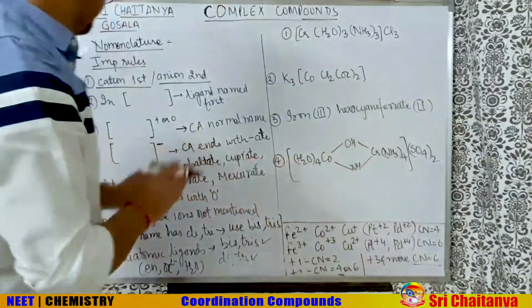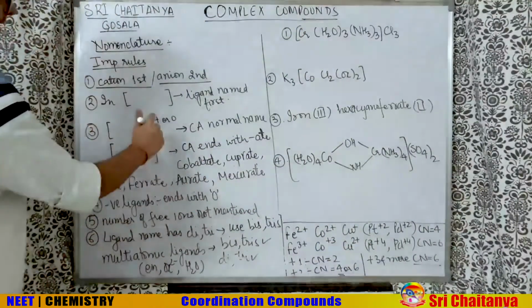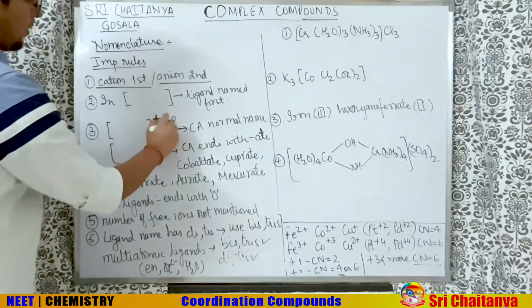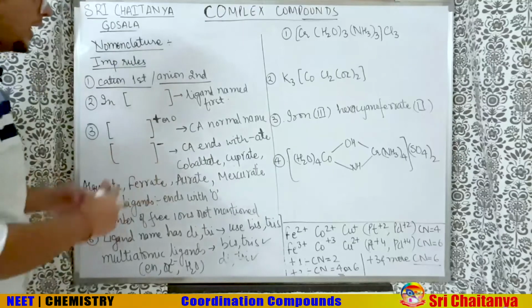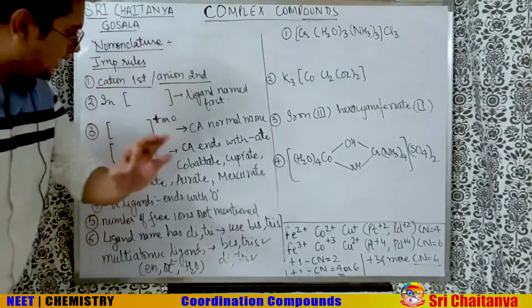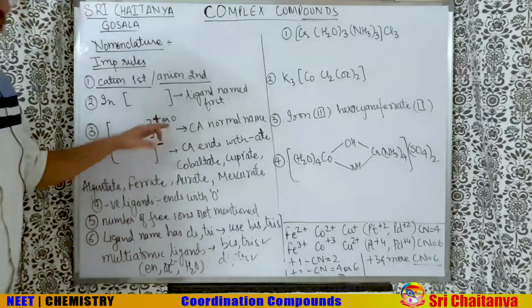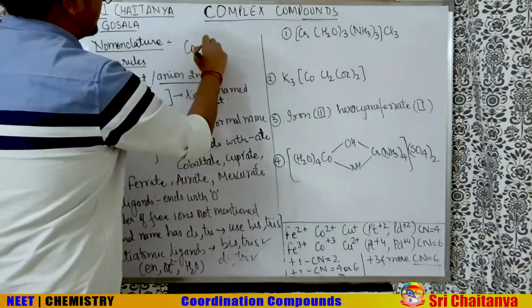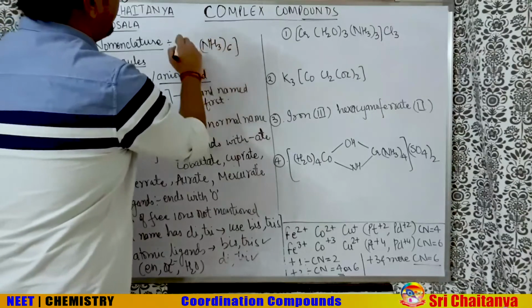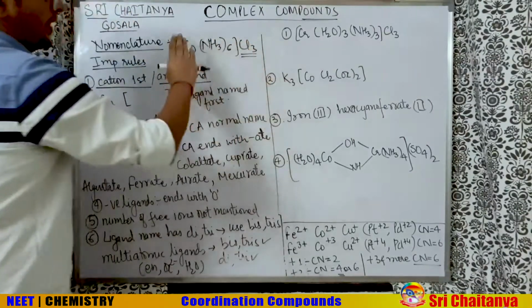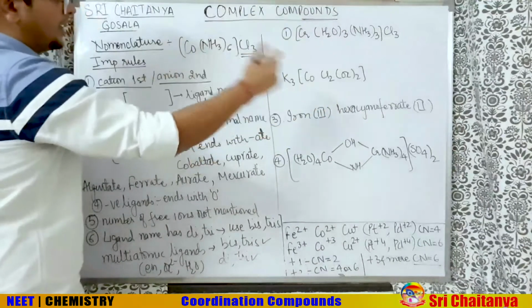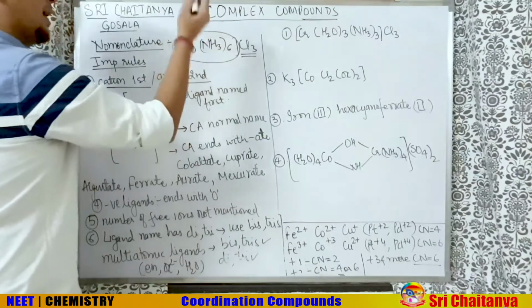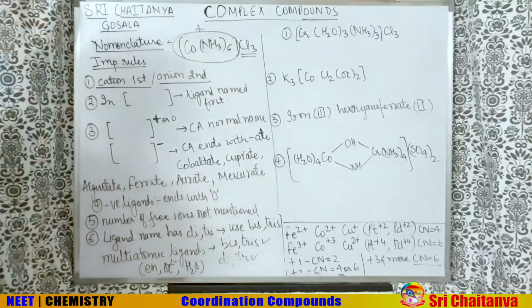Let's carry on. If the complex has a positive charge or the complex is neutral, how would I know there is a positive charge? Either you will see the positive charge on the top, or if the complex is written first and the free ion is written later, on the right side, then 100% the complex has a positive charge.